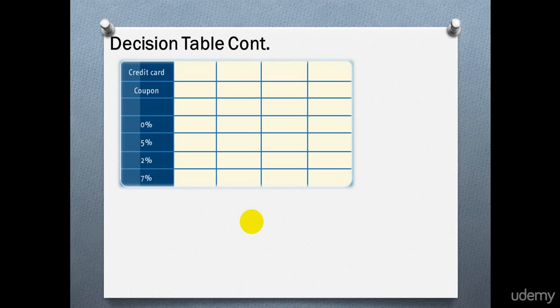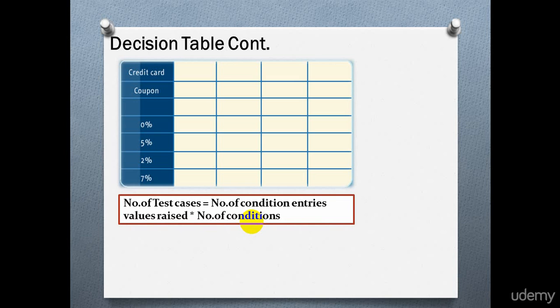The next step is to calculate the possible number of test cases for this example. To calculate the number of test cases that you would need, the formula is: number of test cases is equal to number of condition entry values raised to the number of conditions. So in this particular example, the condition entry values will be 2, either yes or no, and the number of conditions would again be 2.